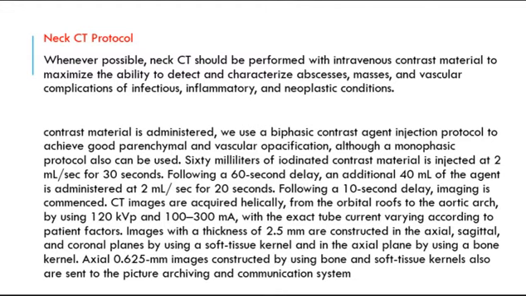The thickness of the image is usually 2.5 millimeters, and then we use a bone protocol and a soft tissue protocol. Axial sections can be taken as 0.6 millimeter images by bone and soft tissue protocols, and we send the pictures to the archiving and communication systems. This is the procedure of how we give the contrast in the case of the neck CT in the emergency setting.